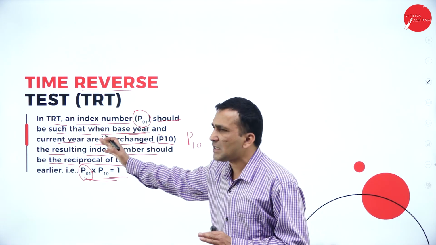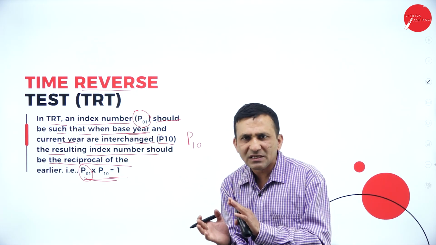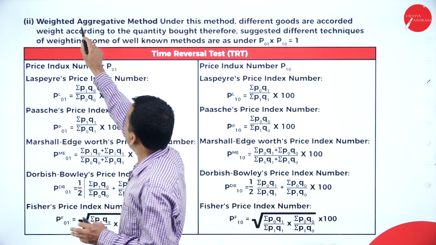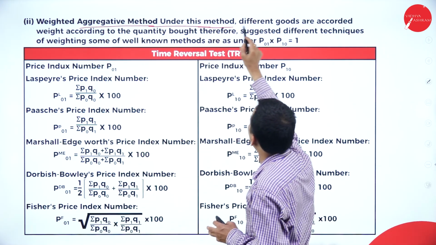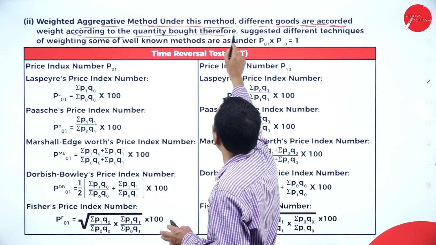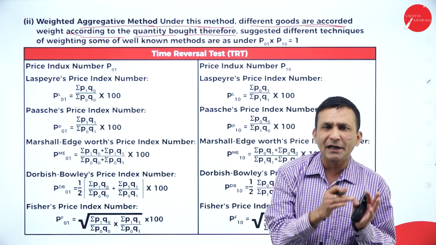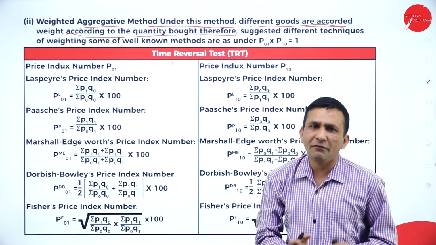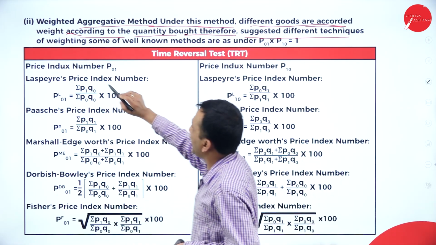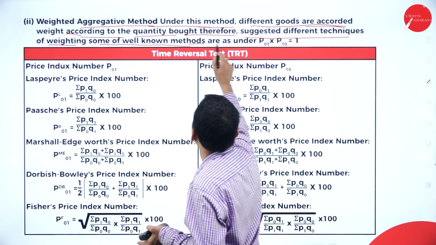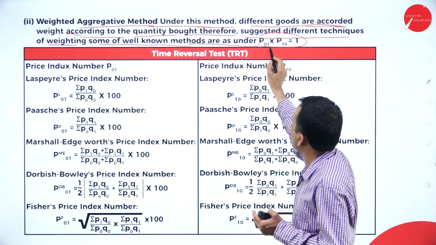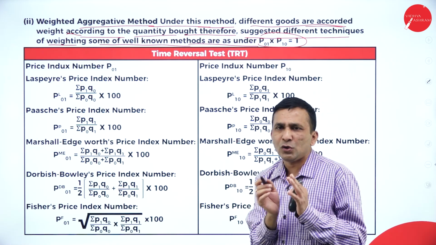According to the reverse condition, the time reversal can be satisfied only by Marshall-Edgeworth and Drobisch-Bowley. Under the weighted aggregate method, different goods are weighted according to the quantity brought, because in the problems we take price as well as quantity, as the weight is given by different persons. Different techniques of weighting have been suggested, some well-known methods under the price time reversal test, which, without changing base year and current year, and current year and base year, should equal 1.